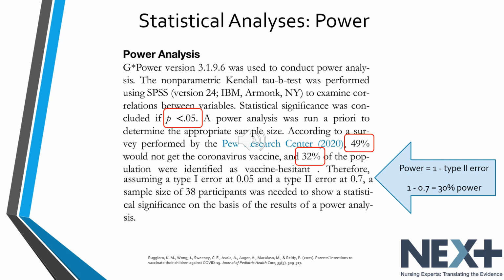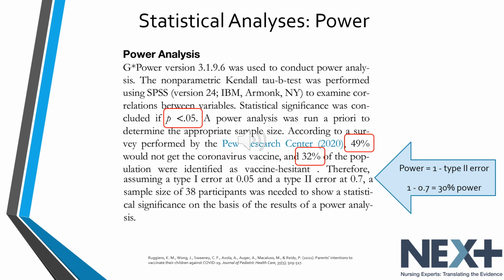In this study, authors report a significance level of less than 0.05. The effect sizes for the two dependent variables are 49% and 32%, and they report a type 2 error of 0.7. As shown in an earlier slide, we can calculate the power by subtracting the value of the type 2 error from 1.